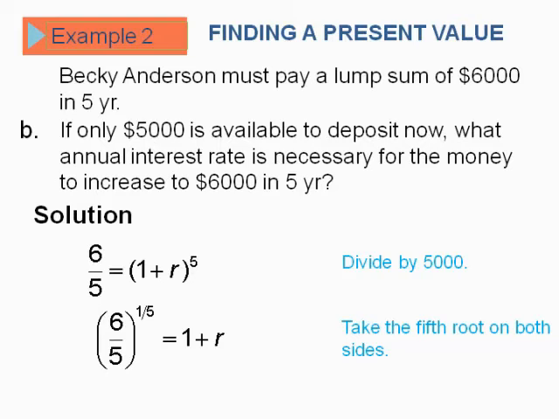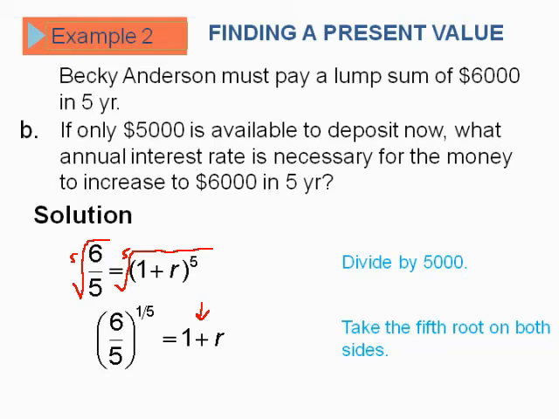Now, notice here that they raised both sides to the 1/5 power. Now, you could have also, remember that 1/5 power is another way to write the 5th root. You could take the 5th root of 6/5 on your calculator and set that equal. So the 5th root will take out the 5th power here, leaving you with the 1 plus R. So here's another thing on your calculator.